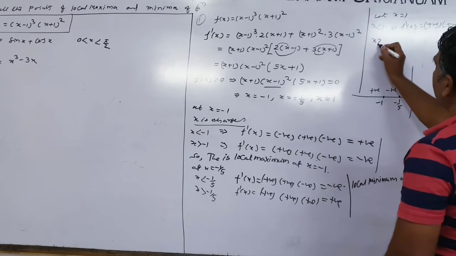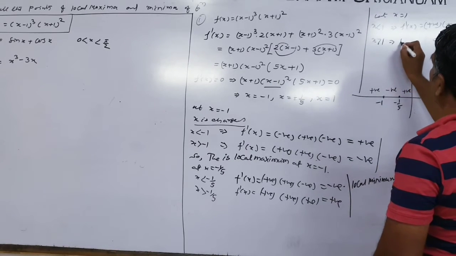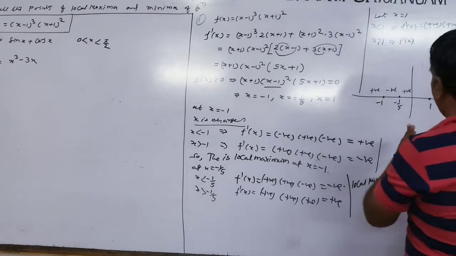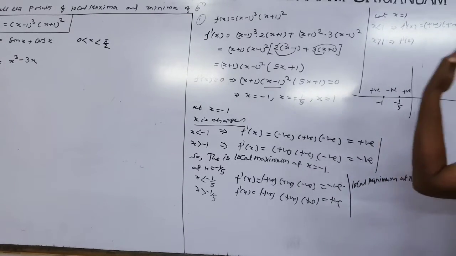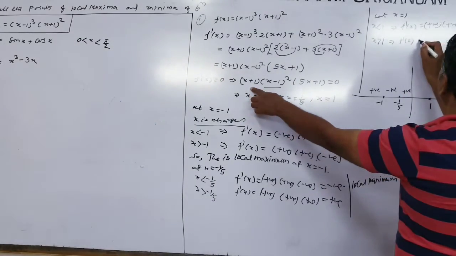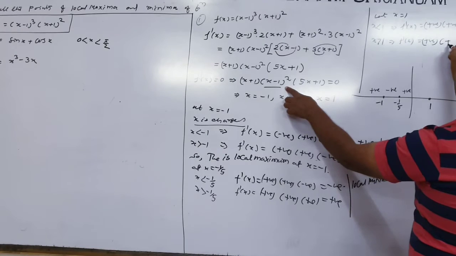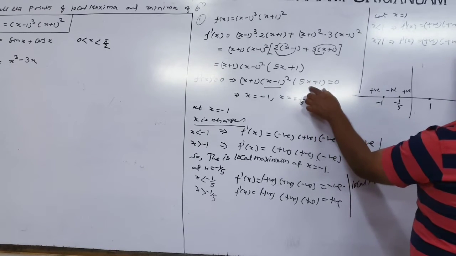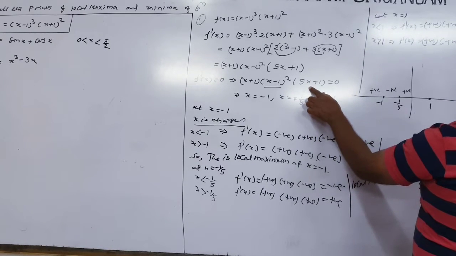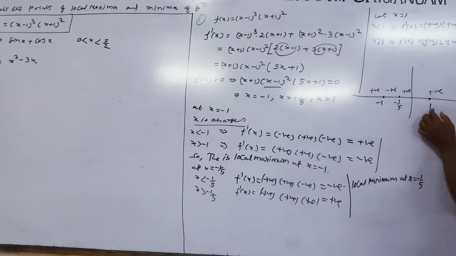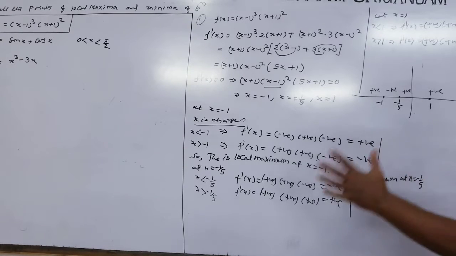Now when x is greater than 1, let us say 1.5, this is positive, this is also positive, this is also positive. Now positive to positive, so the function does not change, so it is neither maxima nor minima.